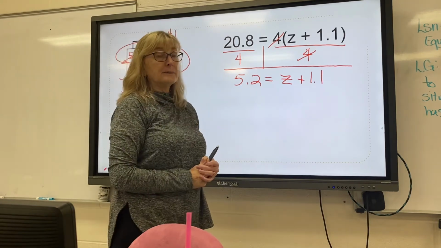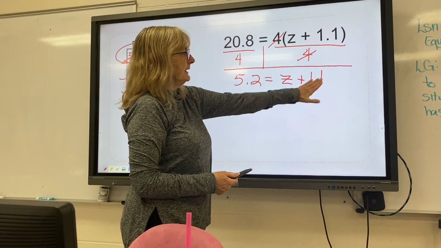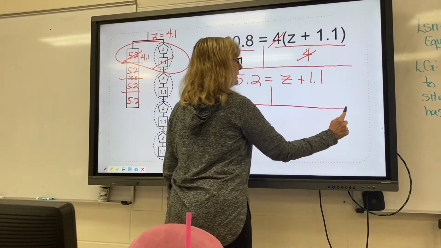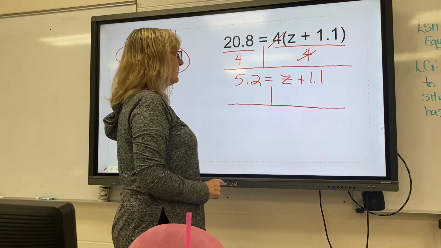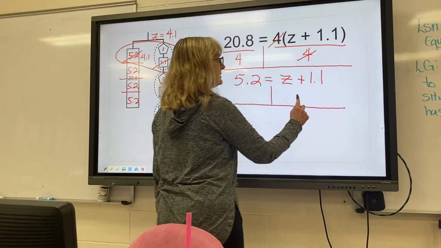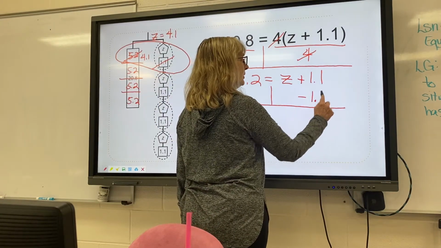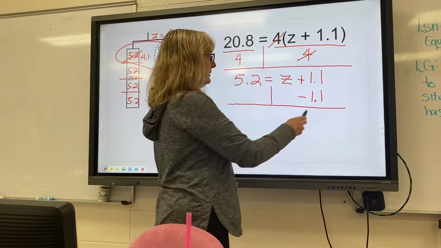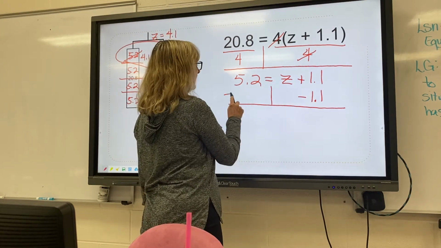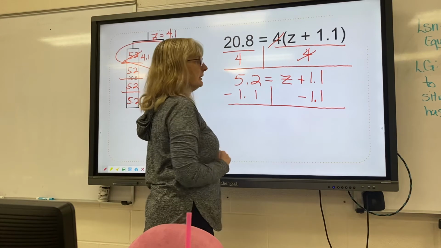Well, I haven't isolated the variable yet, so I have another step to do. What's hanging there with z? Well, hanging with z is that 1.1. I want it to go away. So once again, the upside down T, so I can show my property of equality. This is plus 1.1, so I'm going to put minus 1.1. The subtraction property of equality says that if I subtract 1.1 here, I have to subtract 1.1 here.